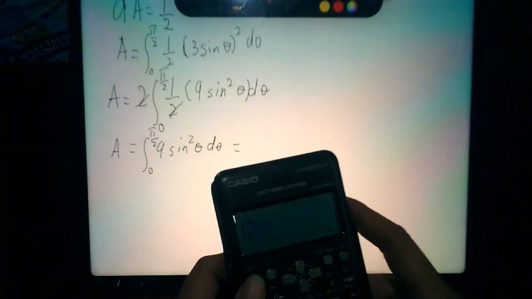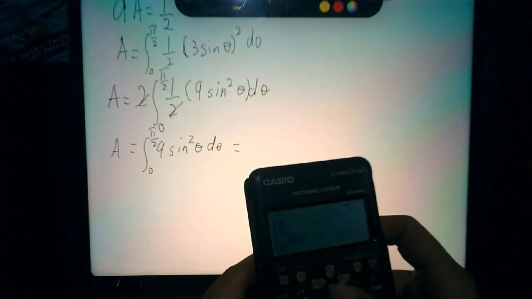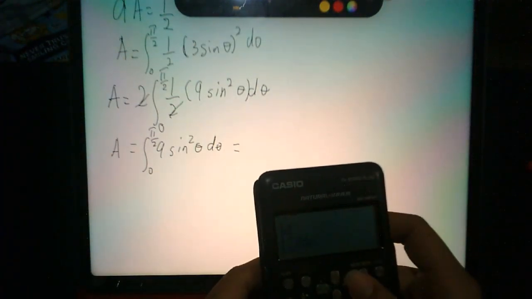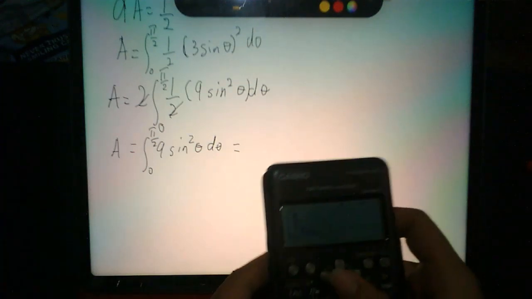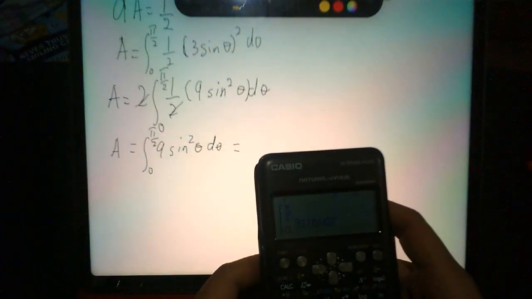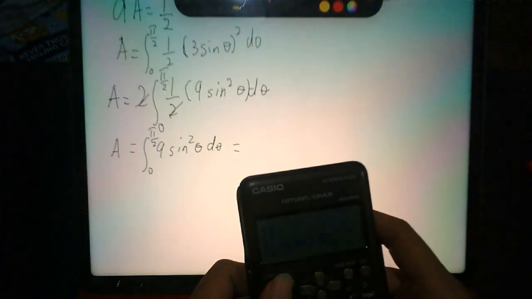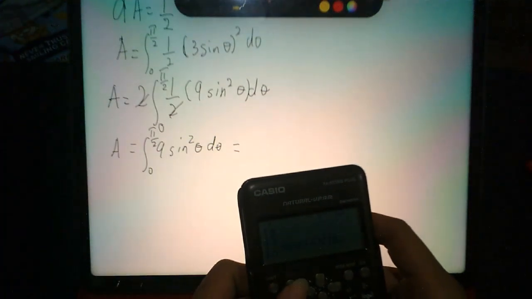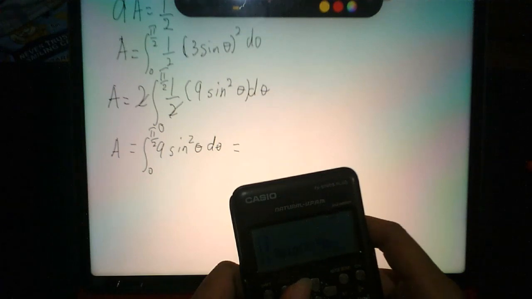So pi over 2, 0, and the value of 9 sine squared x.